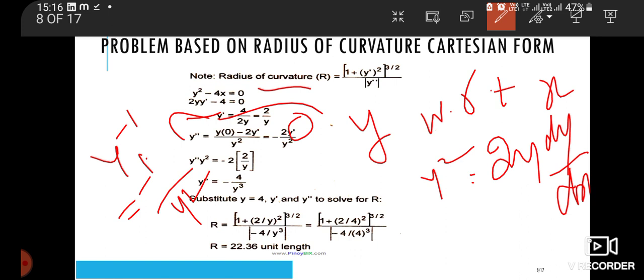After getting this y dash and y double dash, I have to substitute in this radius of curvature formula. Then finally I will get this value. You should know why I am writing modulus here. We never attain a negative value in radius of curvature. Radius should always be positive. That's why we mention the modulus here.